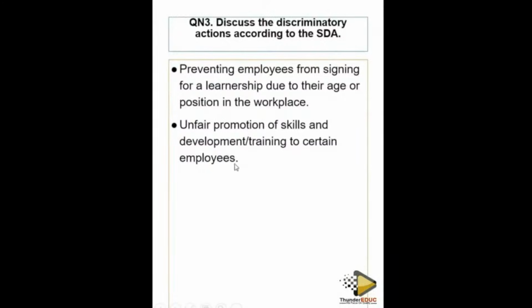Unlike expecting someone to play his role while you, as a person, are just seated there, saying, oh, it's not my responsibility to make sure that goods and services are produced. It's the responsibility of the CEO. I'm waiting for the CEO to tell me what to do. No, you shouldn't wait for a CEO to tell you what to do. The moment you get to work, go straight to your office. You know your roles. Don't bask under the sun.